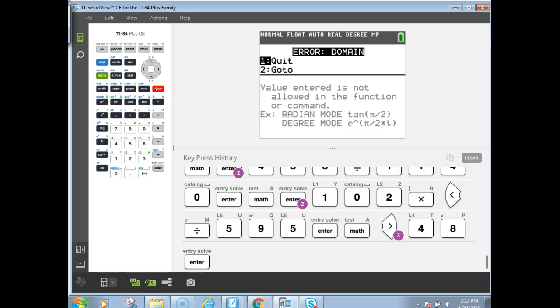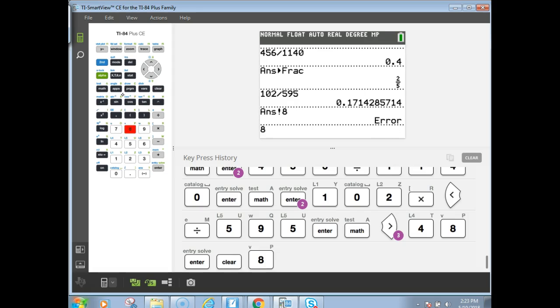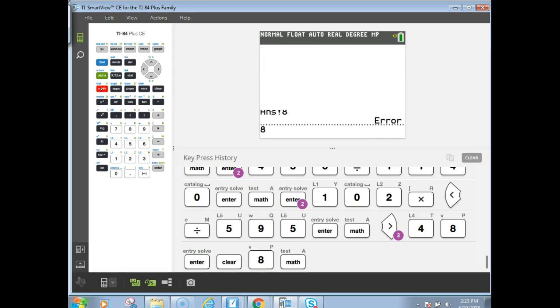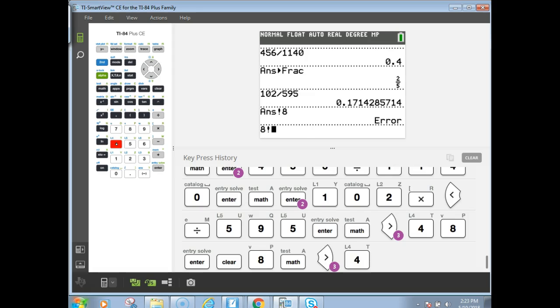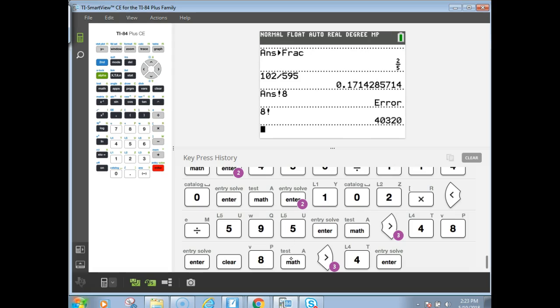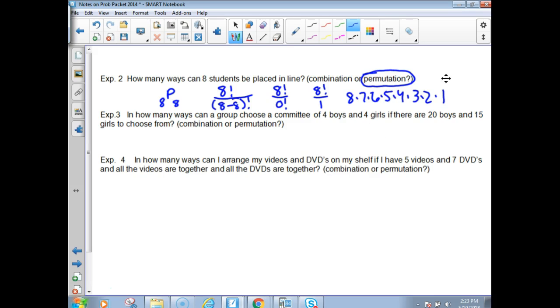Yep, see, so I have to put in 8, then go to math, arrow over to probability, choice 4, and then I could hit enter. 40,320. Okay, now that's how many ways that you could line the people up.